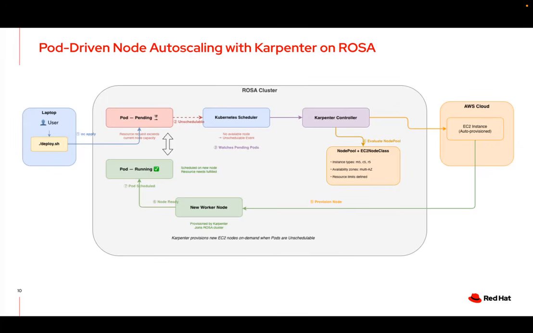But first, why are customers interested in this feature? Traditionally, OpenShift has a cluster autoscaler feature that allows customers to auto-scale the infrastructure. However, there are some pitfalls.